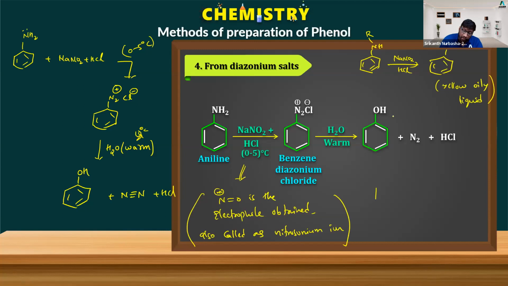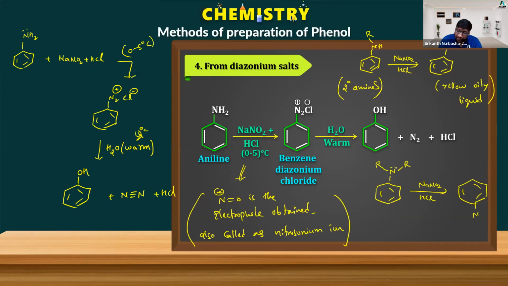With the tertiary amine, what happens? Like, a tertiary aromatic amine I have taken. If a tertiary aromatic amine is taken, you will have electrophilic substitution happening. Treat with NaNO2 in the presence of HCl, and you will generate the NO placed at the para position.